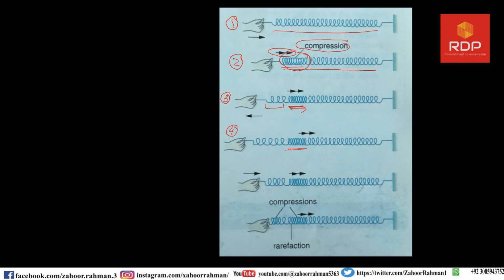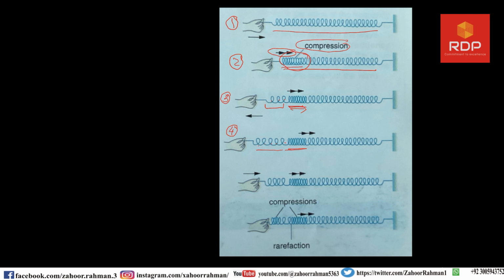Similarly, you can see these are the 1, 2, 3 rarefactions of the spring, but here 1, 2, 3, 4 in the fourth picture, and it means that it can go forward. So this compression is moving.